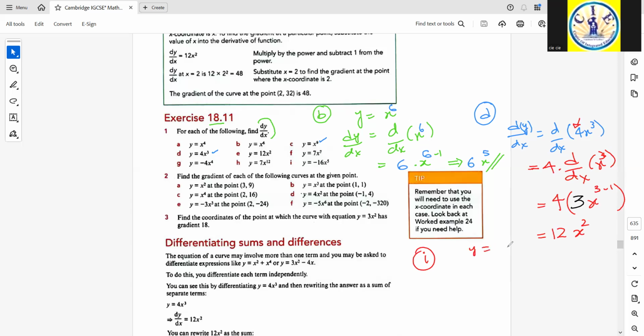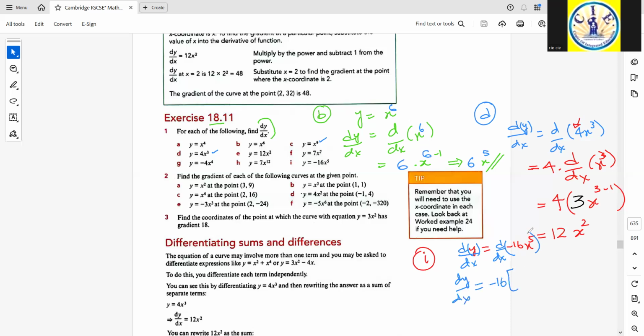Y is equal to negative 16 x raised to the power 5 when we need to differentiate it. So I would write dy by dx, and d by dx of this function of y, which is dy by dx, that is equal to negative 16.